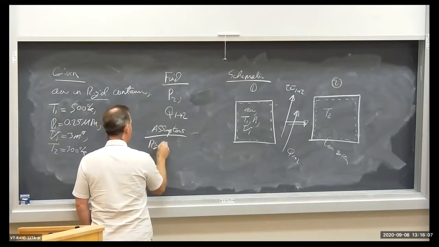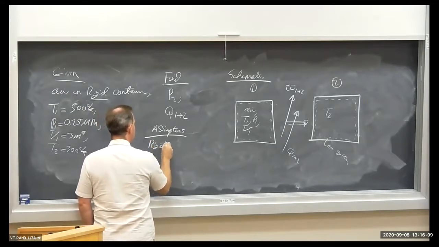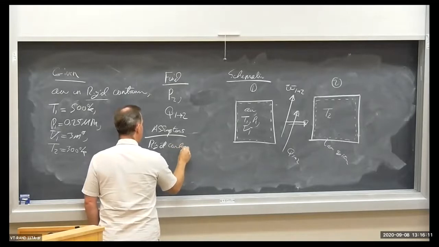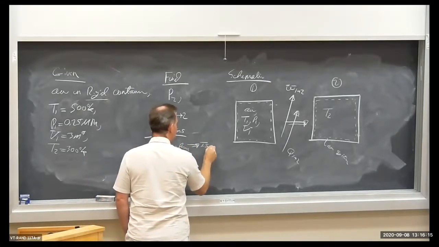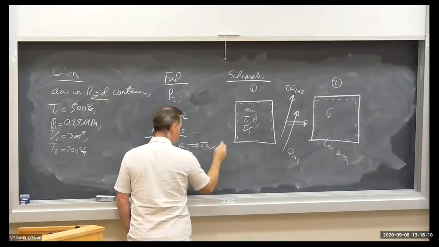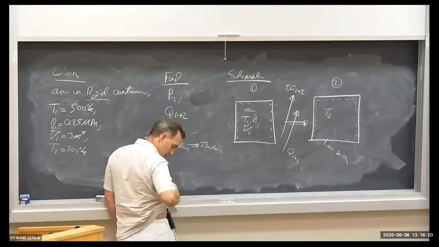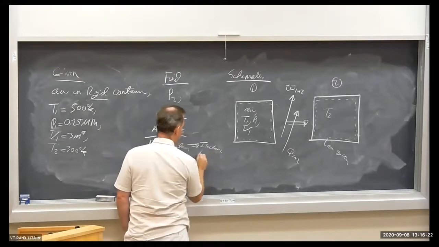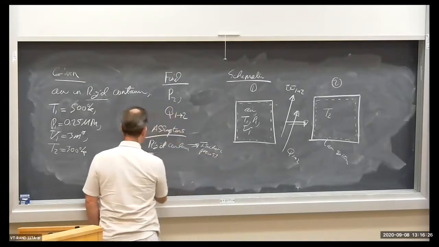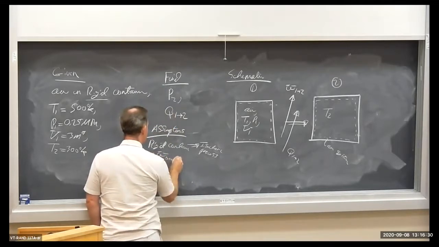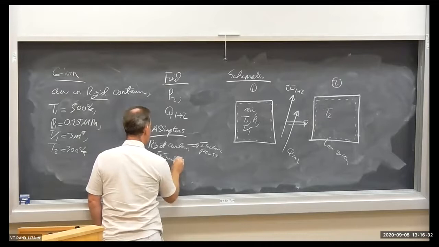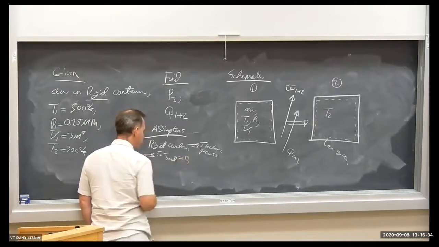So rigid container implies to me that it's an isochoric process, constant volume, and that implies W boundary equals 0.